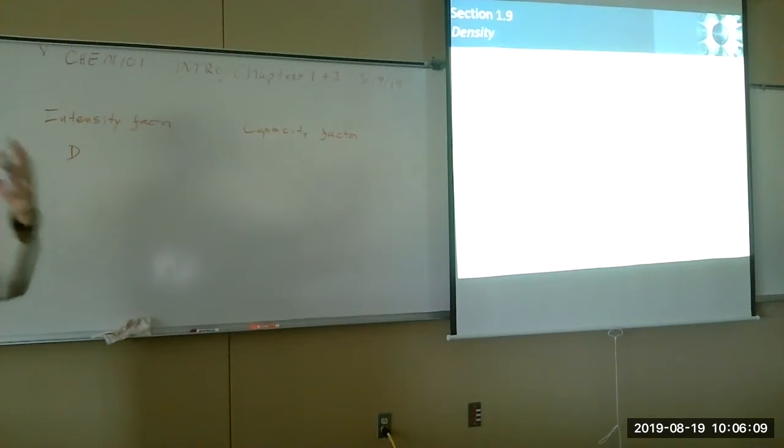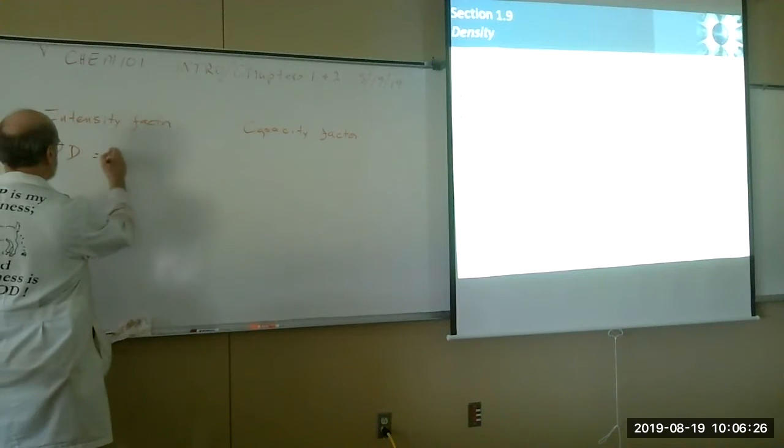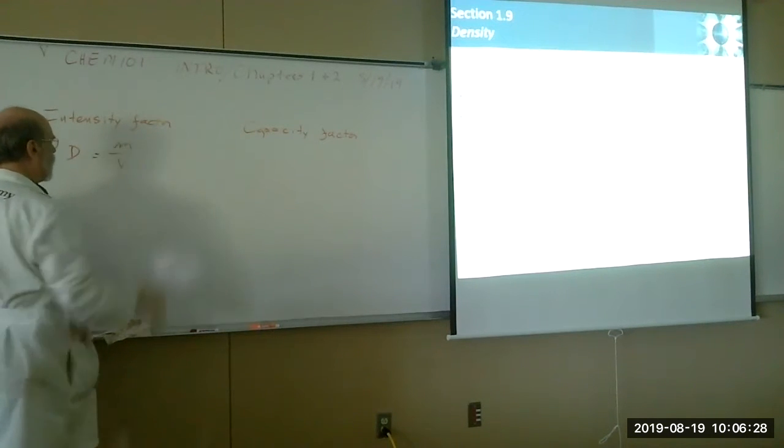If you have a block of ice at 0 degrees Celsius, this big, it's the same temperature as a block of ice this big. It's an intensity factor, but it's only a single unit of measure.